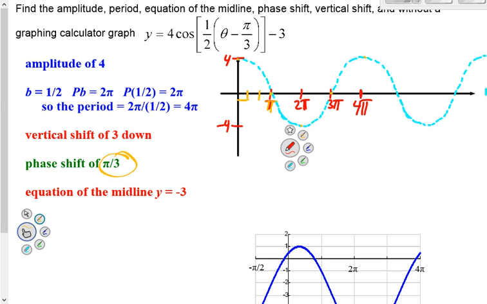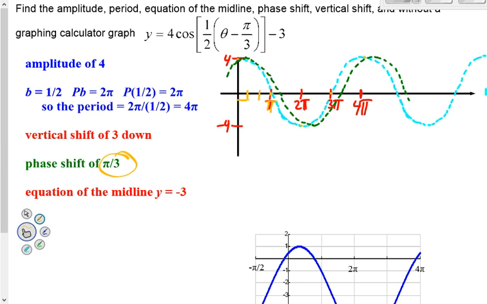So I'm going to move all those key points that far to the right. Now I'm going to come back and draw in a smooth curve going between those points. And so on.